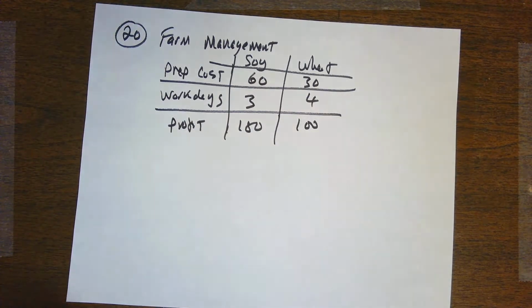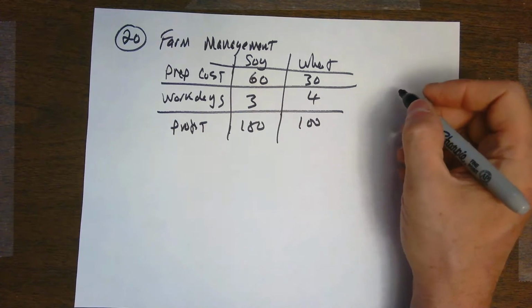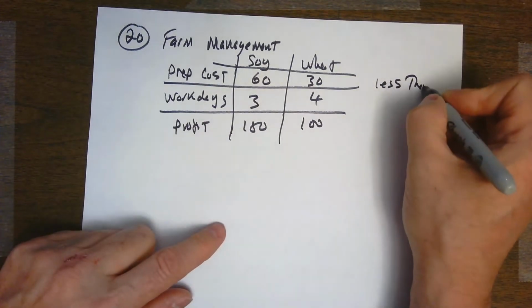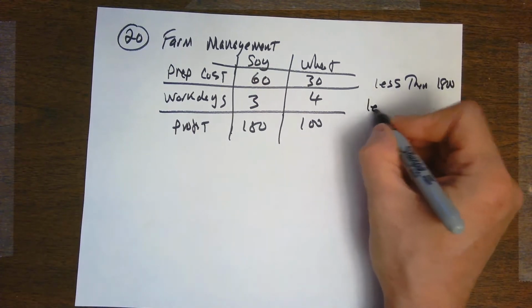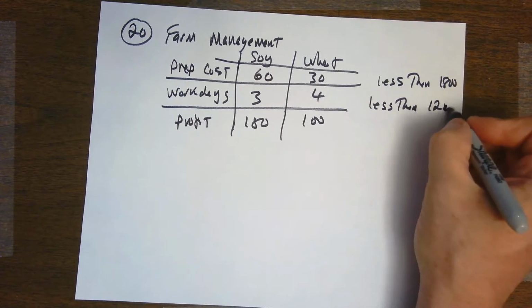Now, we do have some constraints here. But before I write the constraints, he can't spend more than $1,800 in prep, and he cannot use more than 120 work days. So the prep cost must be less than 1,800. The work days must total less than 120. These are some constraints here.